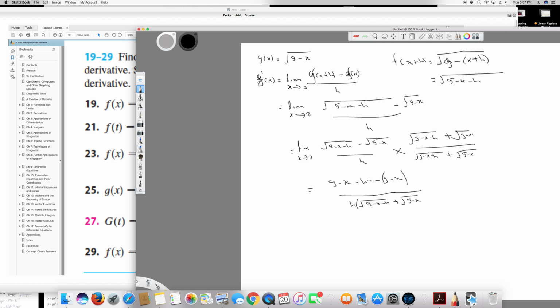Now if I expand this one, 9 cancels, and this will become plus x, and this is minus x, x cancels. The only remaining thing is minus h over h and square root of 9 minus x minus h plus square root of 9 minus x. Don't forget to put the limit h approaches 0.